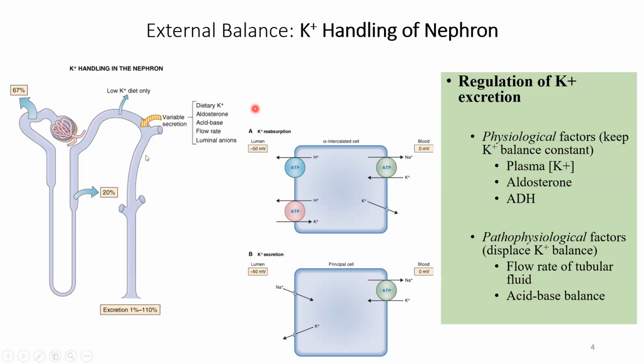Okay, so having looked at the overall picture of what happens in potassium handling, you can also see that if the person is deficient in potassium, he will only secrete about 1% of the total tubular load of potassium. However, if there is more potassium in the system, this can go up to 110% secretion of potassium.